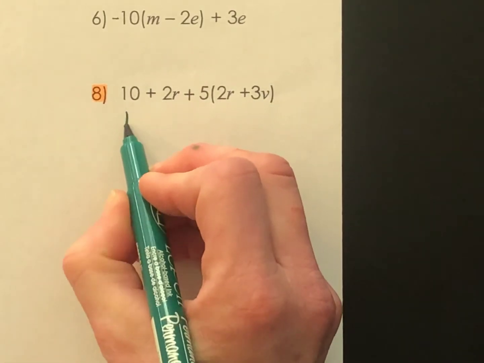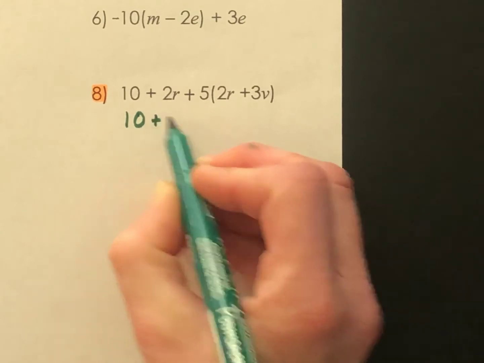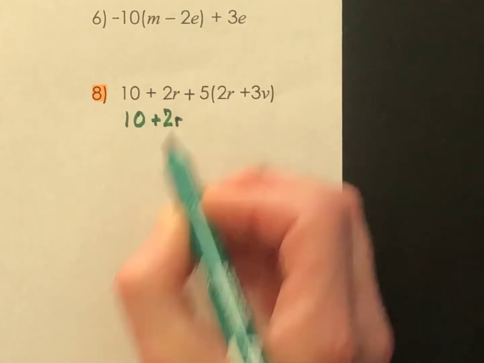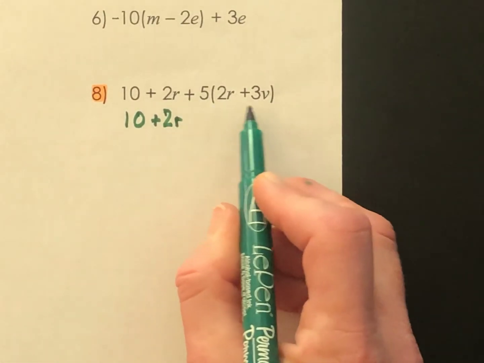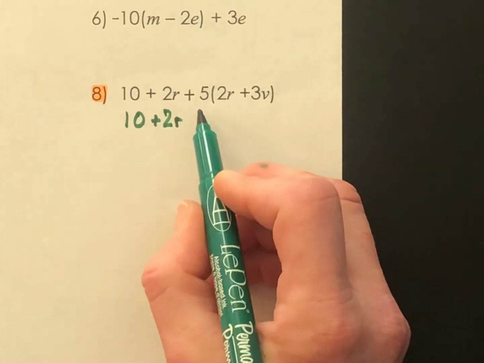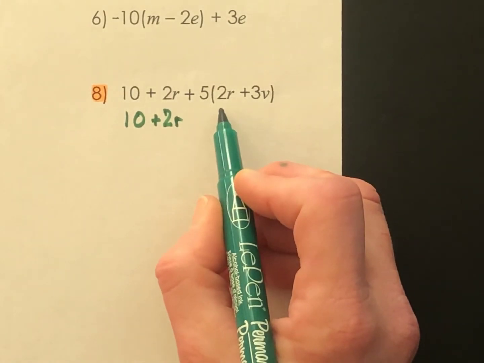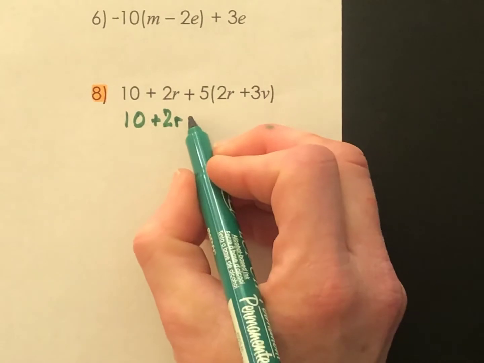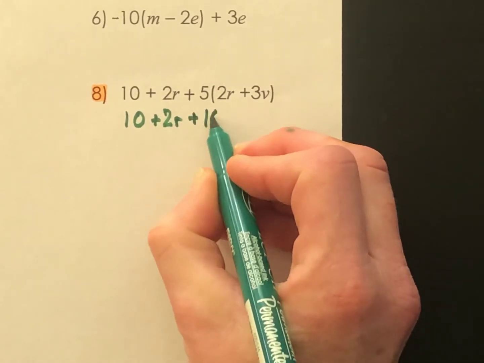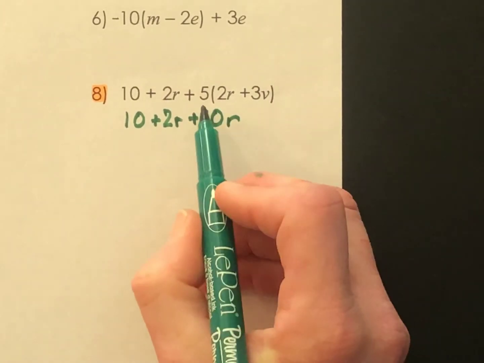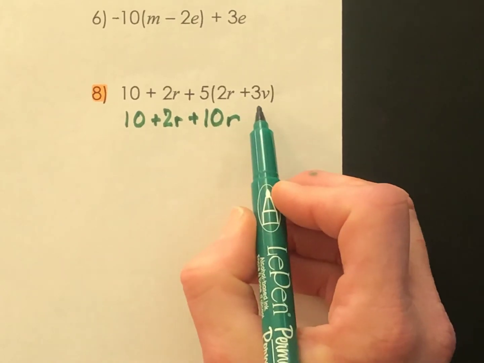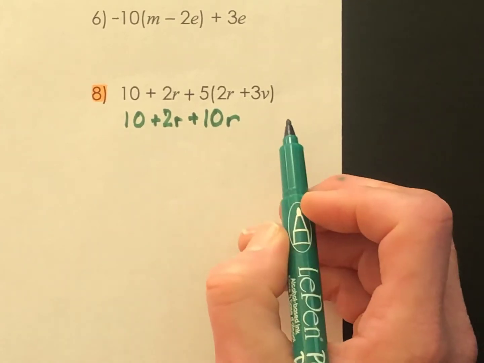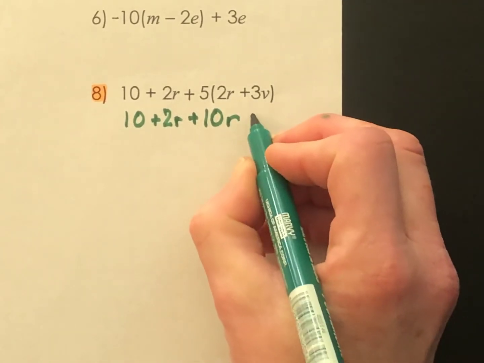So 10 plus 2r. Now I'll distribute. 5 times 2r is 10r, so plus 10r. 5 times 3v is positive 15v.